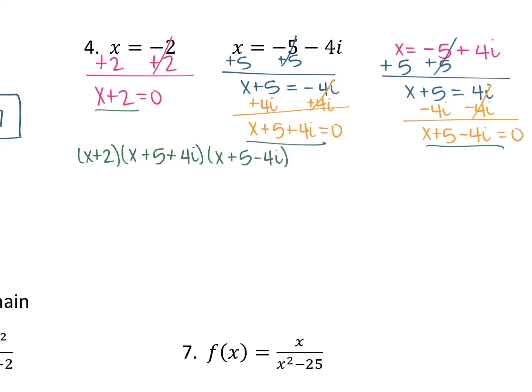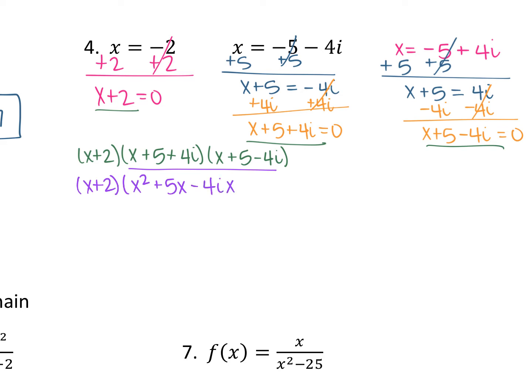So I'm going to start this one by multiplying the last 2 sets of parentheses. That x plus 2 stays. Then we have x times x, which is x squared, x times 5, which is positive 5x, x times negative 4i is negative 4ix.